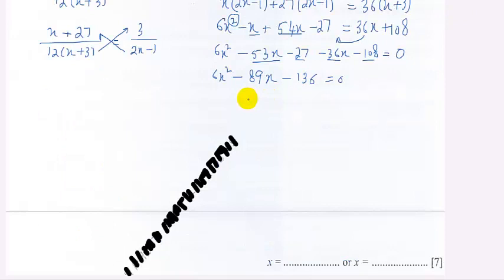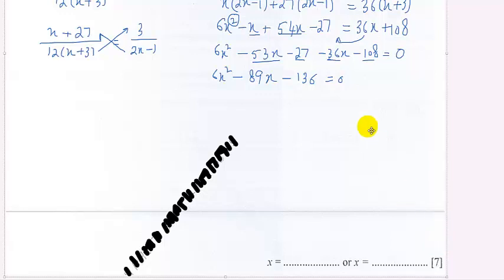Now this is a quadratic equation, so we can observe that there is no such instruction in the last part of this question. So now the option is open, whatever method we should use here. Either use completing the square or the quadratic formula. And there are 7 marks for this question.